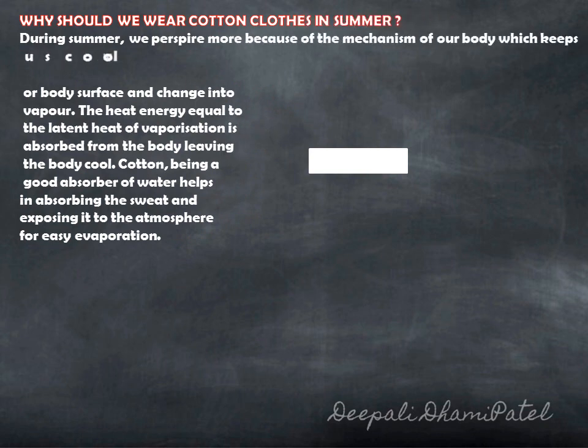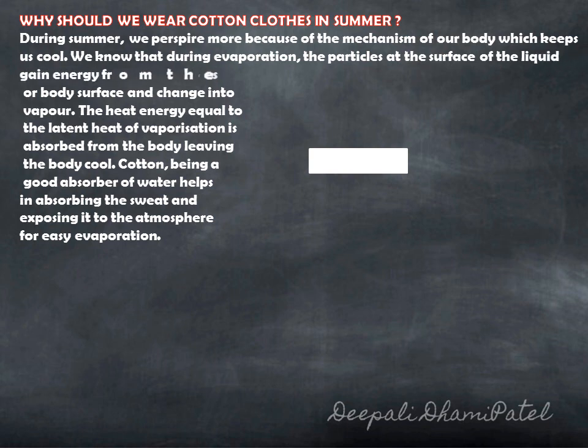Why should we wear cotton clothes in summer? During summer, we perspire more because of the mechanism of our body which keeps us cool. We know that during evaporation, the particles at the surface of liquid get energy from the surrounding or body surface and change into vapor.